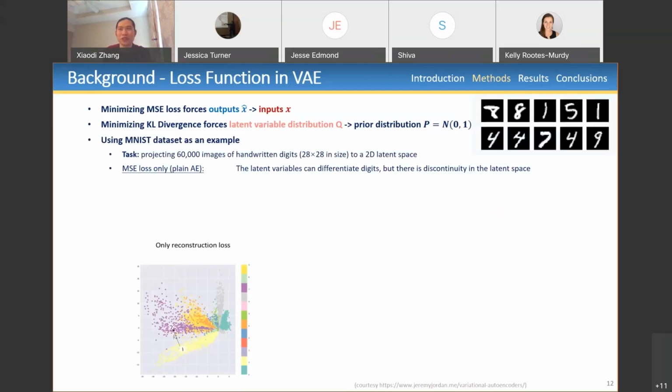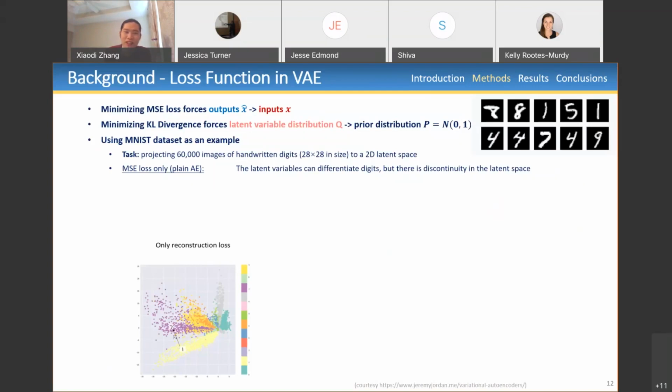If we train it using only the mean square error, meaning only the reconstruction error, then you're basically doing it with a plain autoencoder. A variational autoencoder without the KL divergence part is almost identical to an autoencoder.